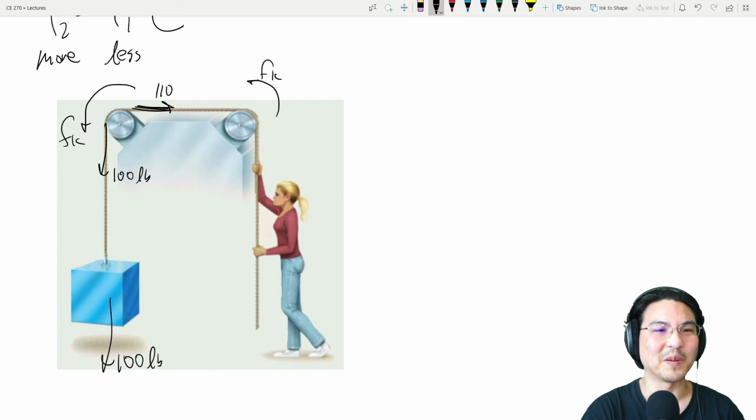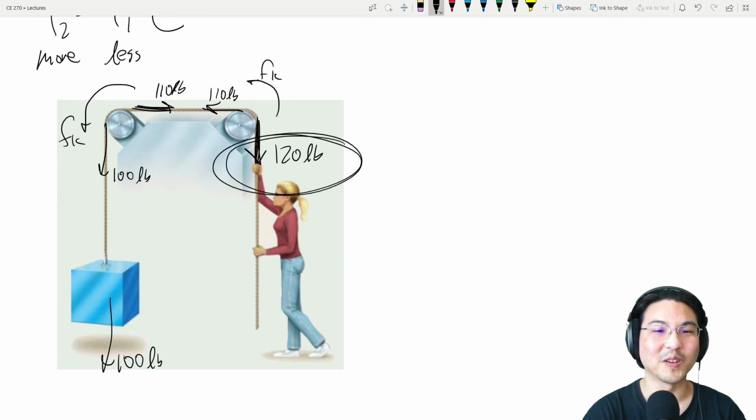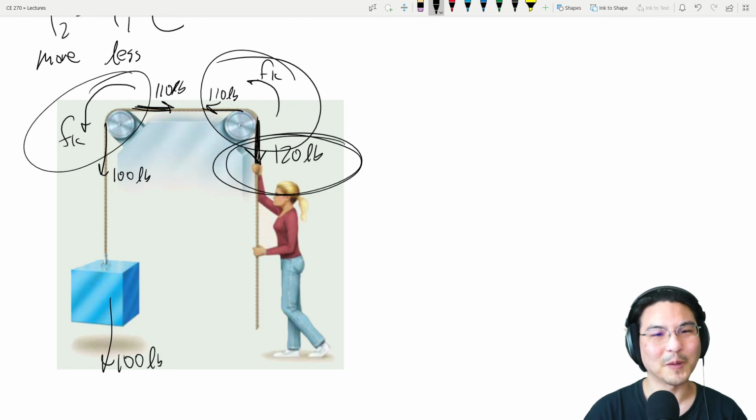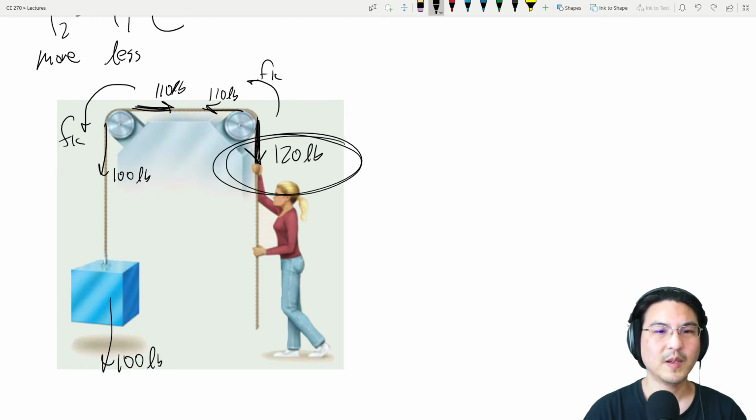I'll just make up a number, 110 pounds. And if this is 110 pounds, this side over here has to be more. So let's say 120 pounds. So now it takes more force to lift it because of the friction opposing your motion.